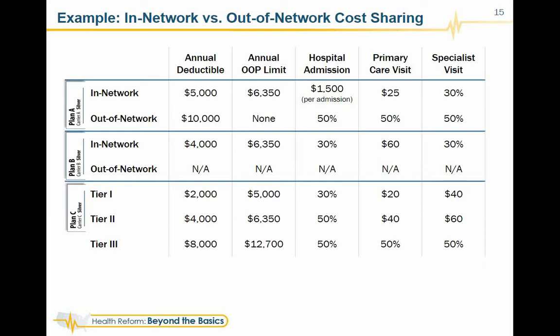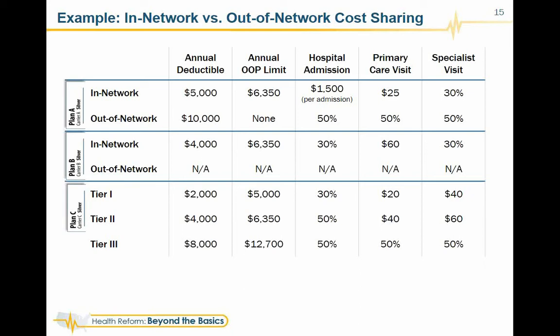And then in Plan C, you can see a more complicated type of design. That is a feature with some marketplace plans where there's a tiered network. Tier 1 is sort of the preferred network where people have the lowest cost sharing. In this example, it's a $2,000 deductible and a $5,000 out-of-pocket limit, and then like a $20 copay for a primary care visit, if you're going with the preferred providers, the doctors and hospitals that are in the preferred network of the insurer.